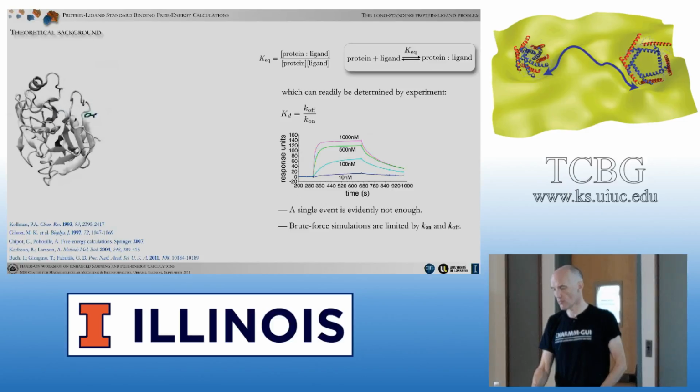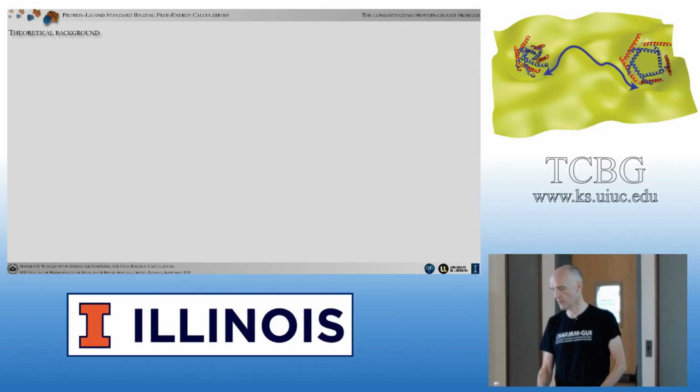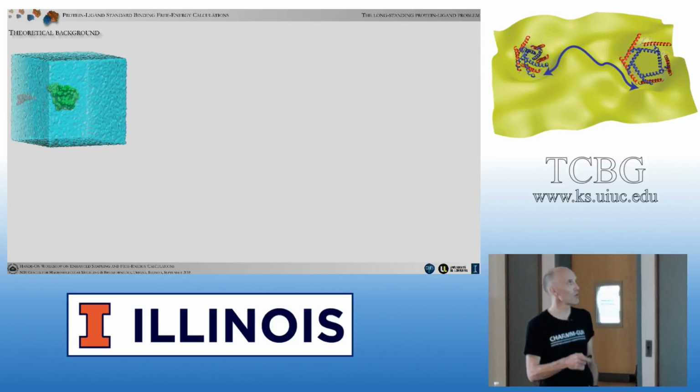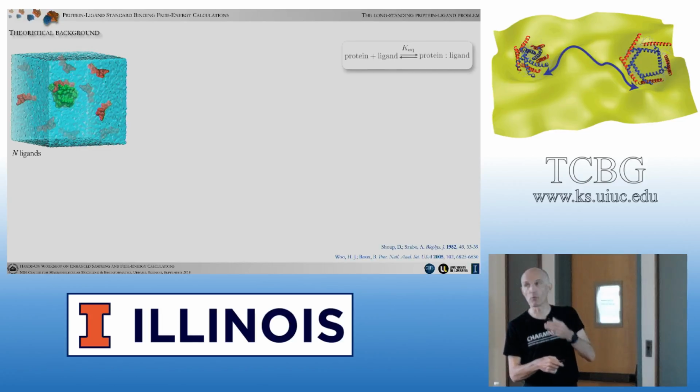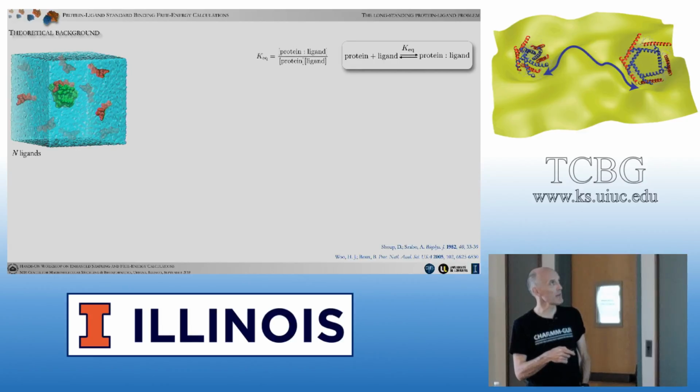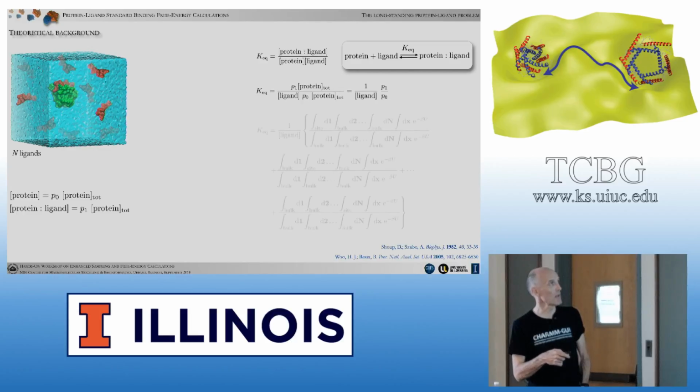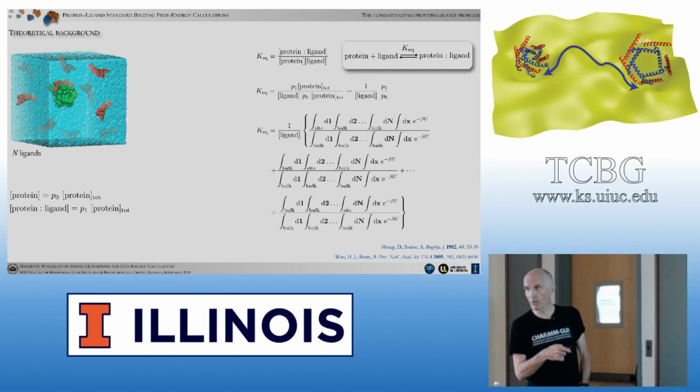Okay, so let's see that now from a theoretical standpoint. This is my setting, what I'm going to simulate. We're trying to explain what we're trying to achieve. So I have a protein, and this protein is in a bath of ligand, and it's possible that one of the ligands is actually bound to the protein.